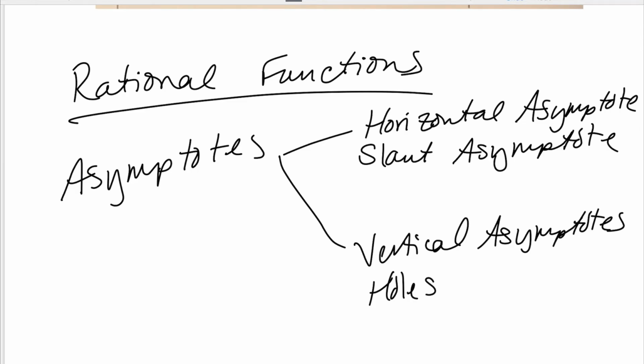If you have a hole, that means that it cancels from the top and the bottom, and it can put you in that hole. Or your vertical asymptotes deal with that denominator. So your horizontal and slant asymptotes, you're looking at the degrees, right? Same degree, bigger on top, bigger on the bottom, all those kinds of things.